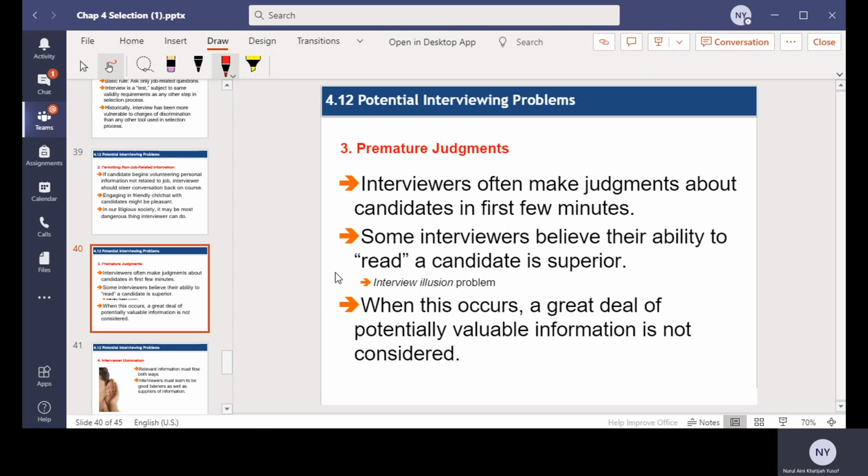Or maybe some interviewers feel that, for example, they go through your resume. Oh, from a university in Canada, or from the US. Oh, I think this is the best candidate. International, the degree is not from Malaysia. So that is premature judgment, first impression judgment.